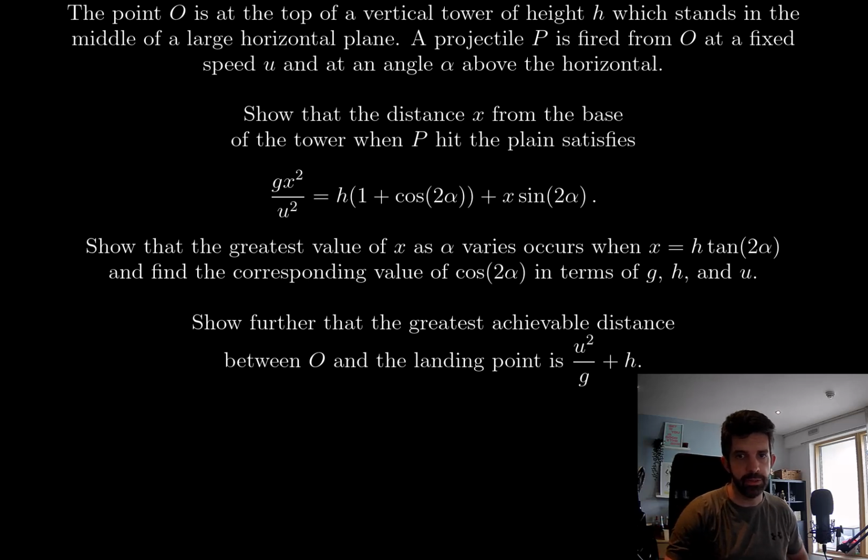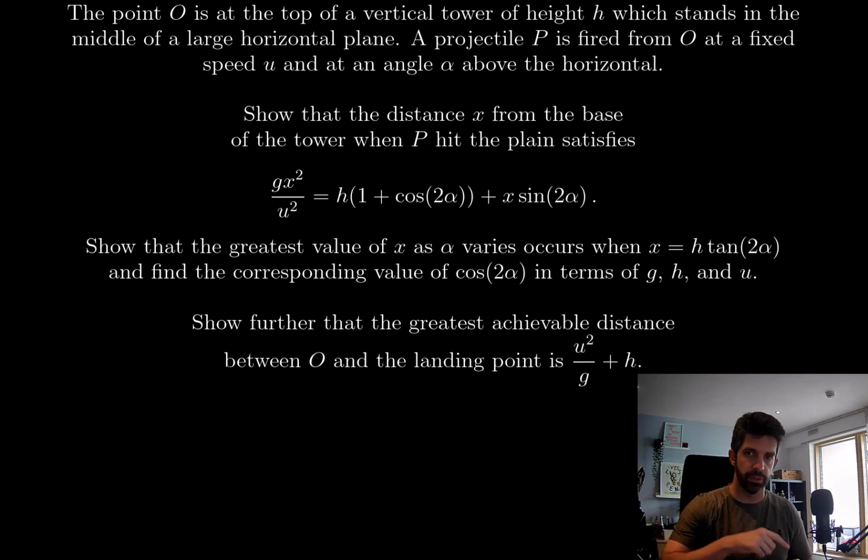The key to this one is going to be splitting the velocity of this projectile into a vertical and horizontal component. Once we have the vertical component, we should be able to compute very easily the amount of time it takes for the projectile to hit the ground. If it's fired at some angle, we take the vertical component and imagine it's been fired directly vertical at that speed.